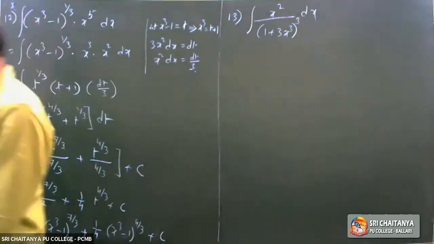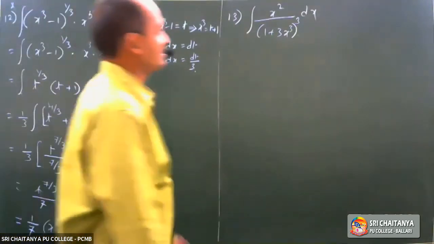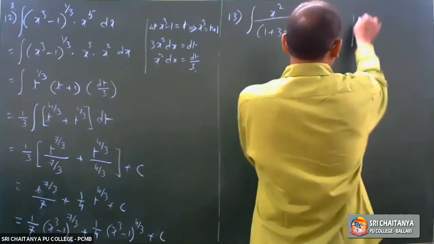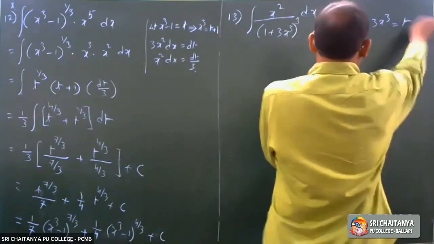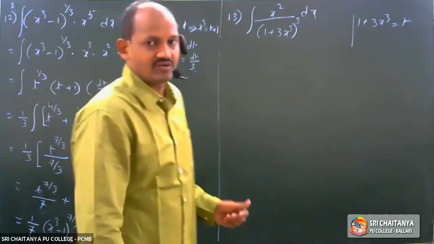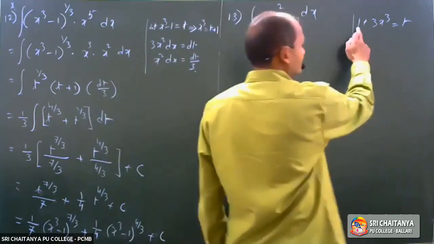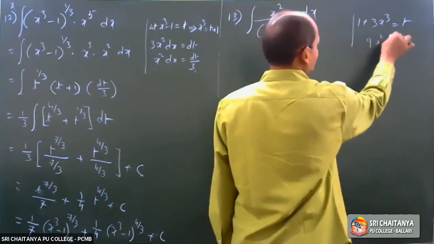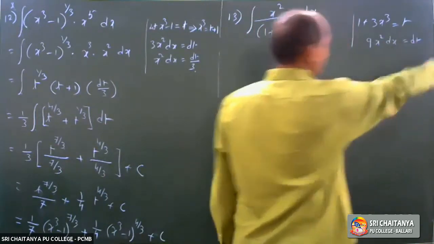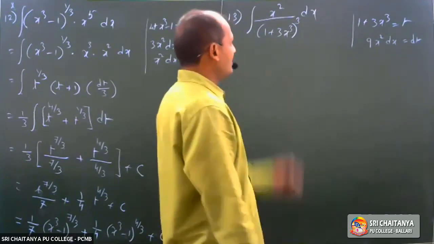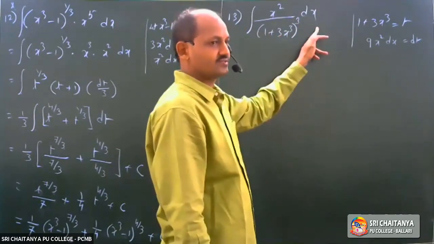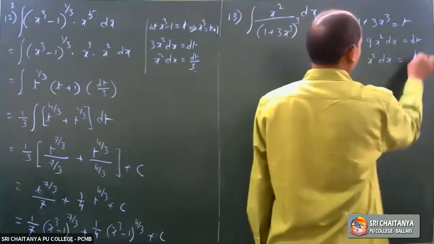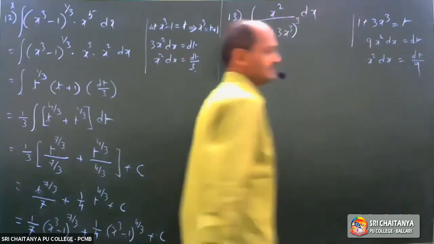So here the denominator term we have to consider as t. It is 1 plus 3x cube, consider as t. 1 plus 3x cube is equal to t. Then derivative of 1 is 0. Derivative of 3x cube is 9x squared dx is equal to dt. But here we have only x squared dx. So x squared dx is equal to dt divided by 9.